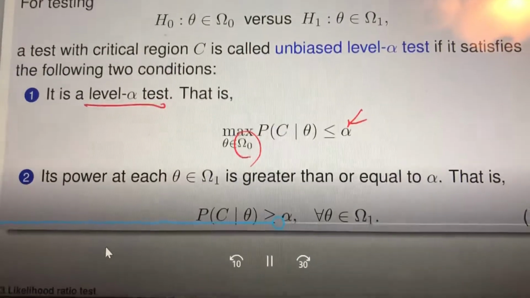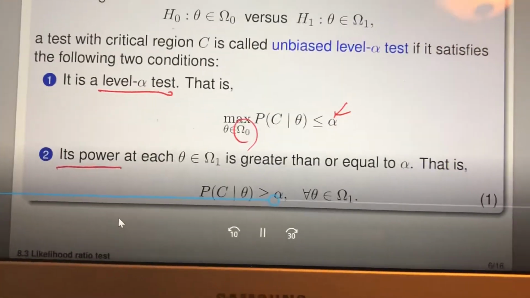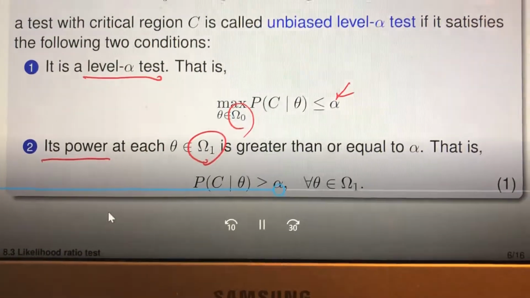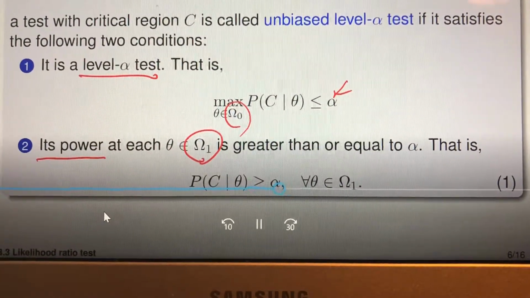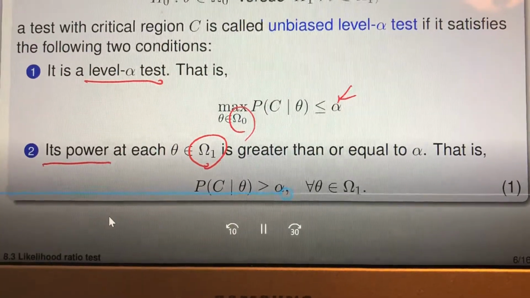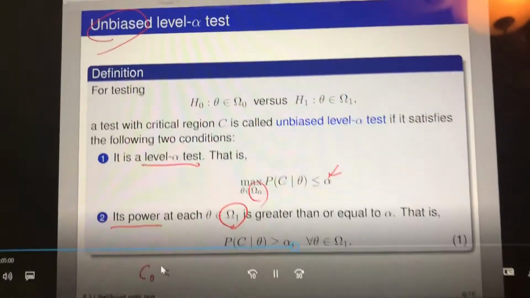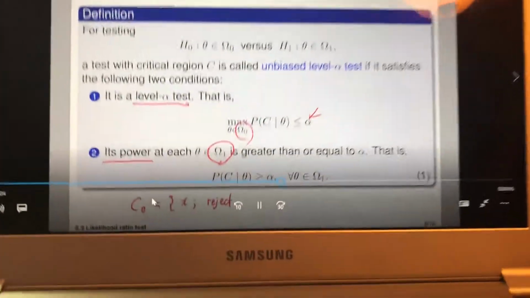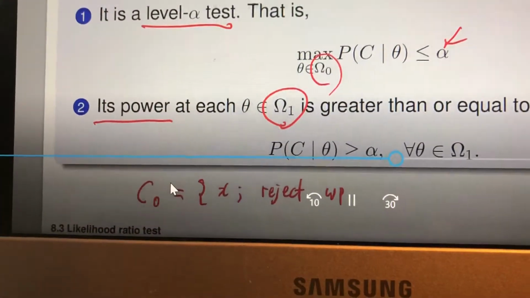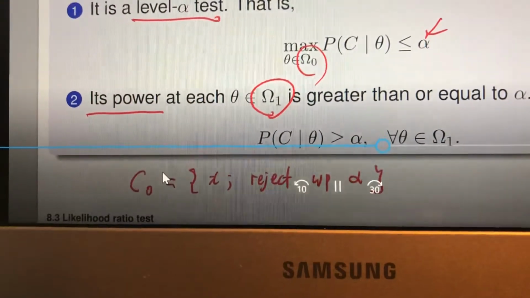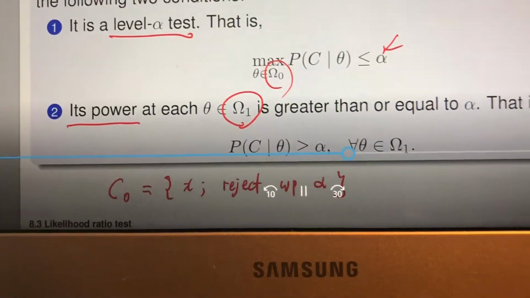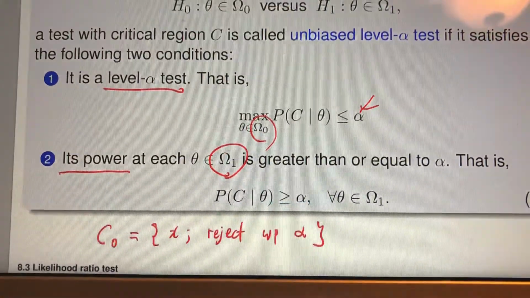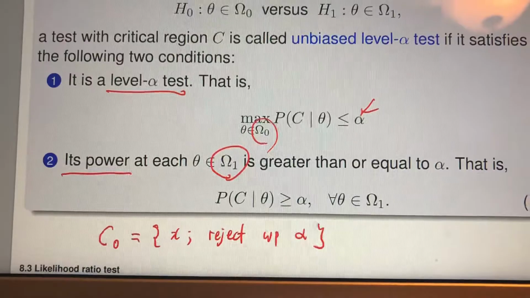The second part is interesting: the power at the alternative hypothesis should be better than the power of the trivial test. What is a trivial test? Let's consider a trivial test: reject with probability alpha.